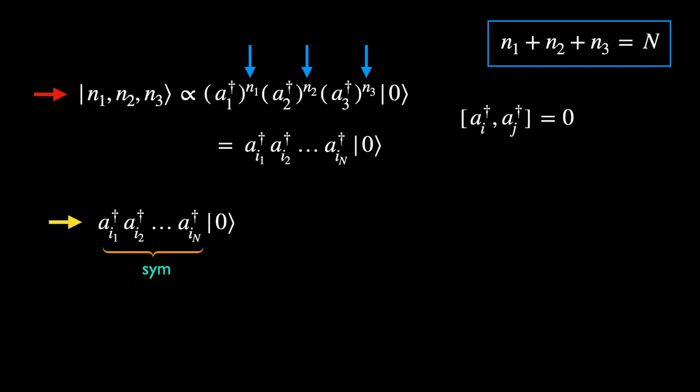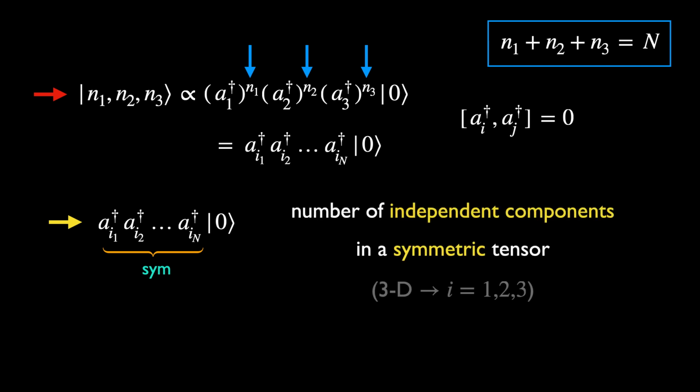Now let's count the number of distinct states that have N indices. All these states have the same number of particles and energy. Furthermore, it is obvious that this fact cannot be changed by any unitary transformation since the number of indices doesn't change. Also notice that due to the symmetry of the indices, the way we count these states is exactly the same as how we count the number of independent components of a symmetric tensor.